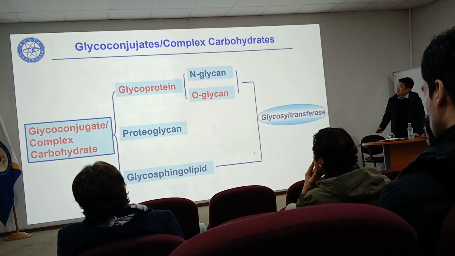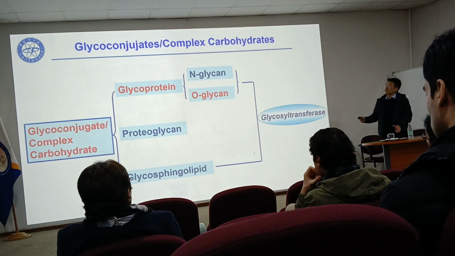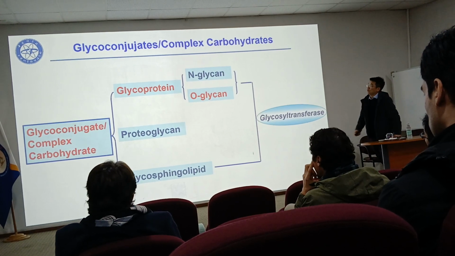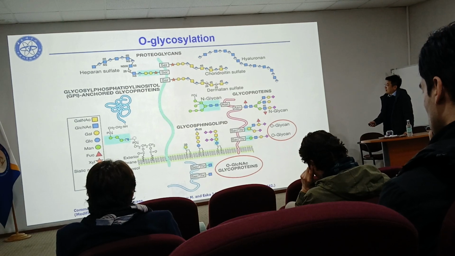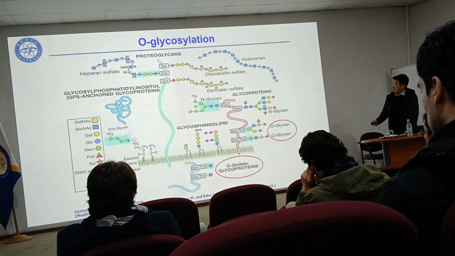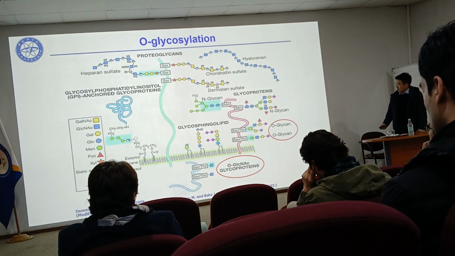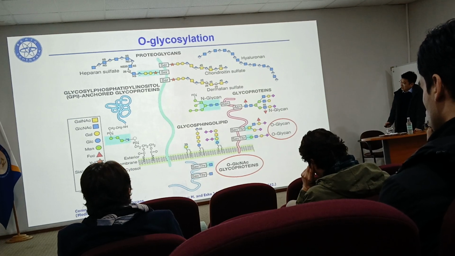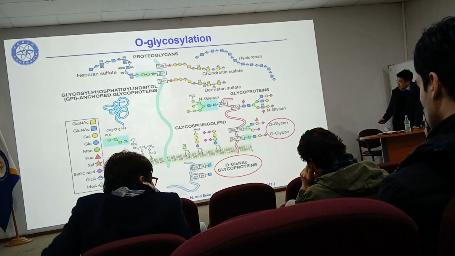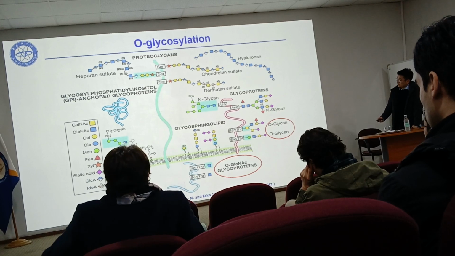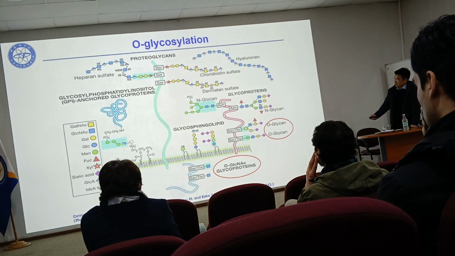For this part, I just give a quick review because we focus on polysaccharides in all the lecture. Besides this N-glycan, there is also another glycosylation called O-glycan, which links to the S or T amino acid in the protein.